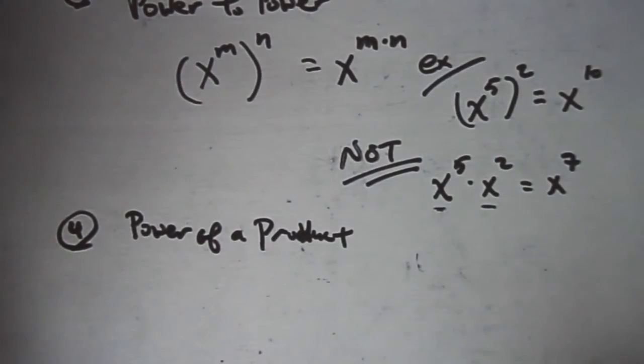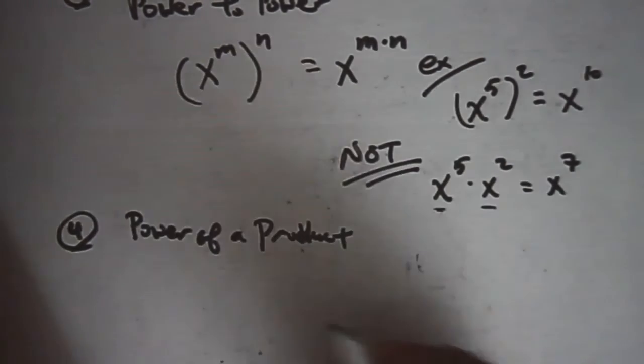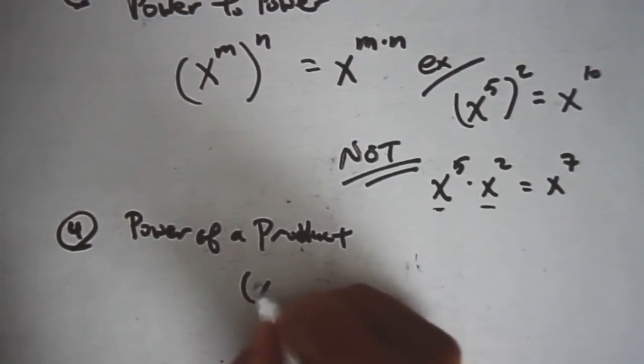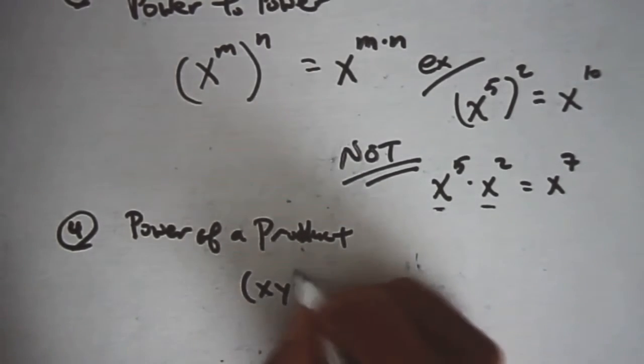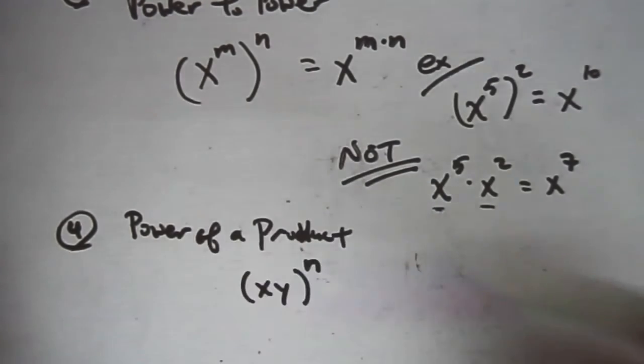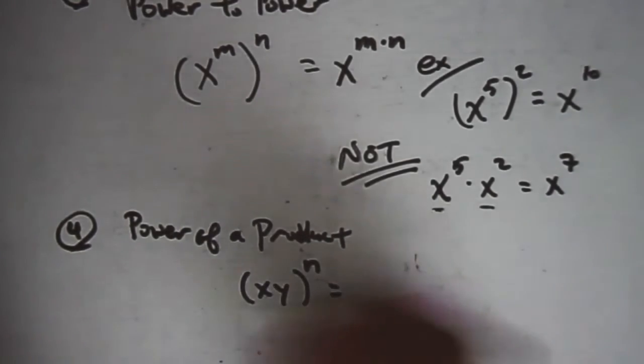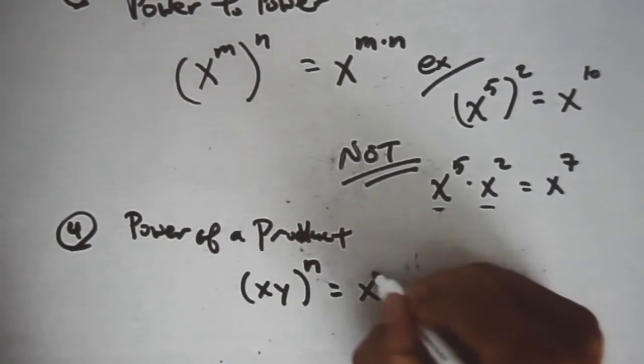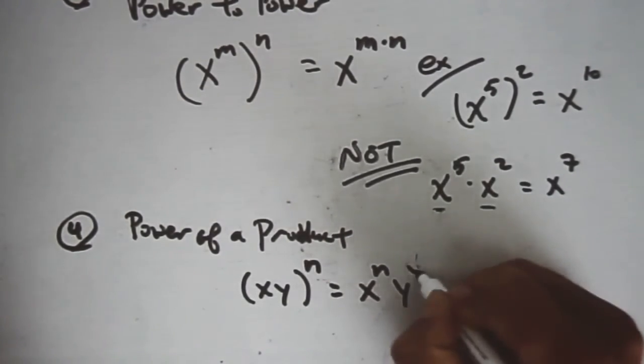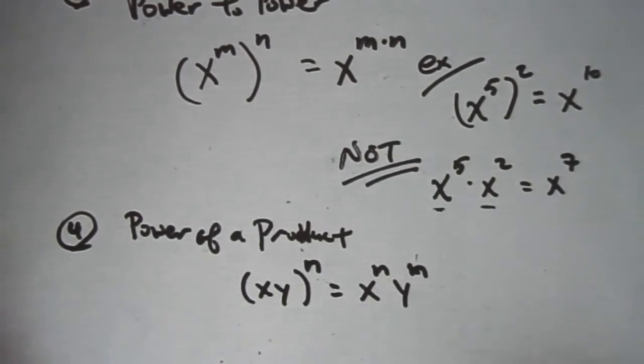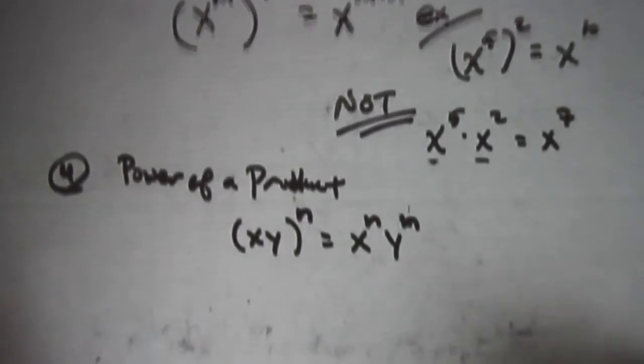Power of a product says that we have x times y, all to the nth power. You can raise each of them individually. So the power goes to each of them inside the parentheses. So x to the nth power, y to the nth power.